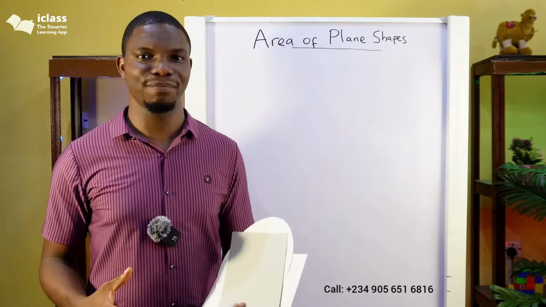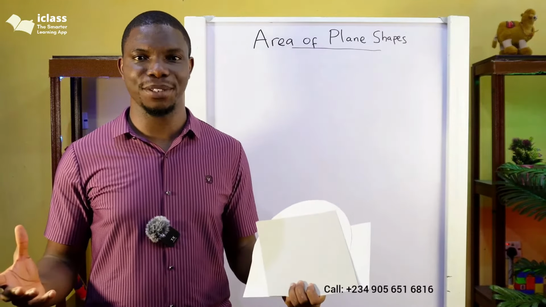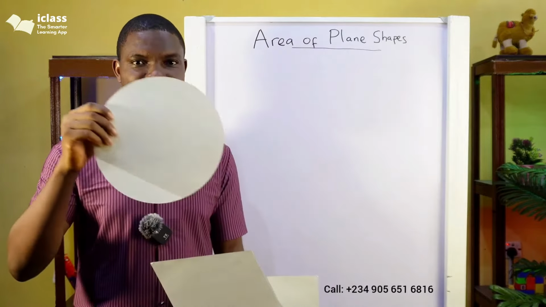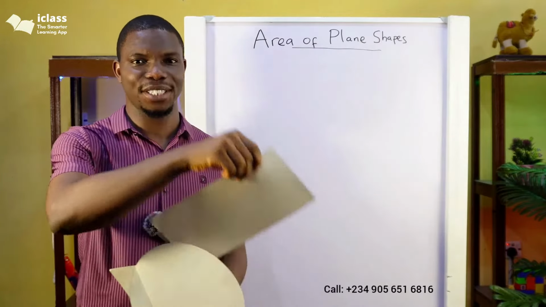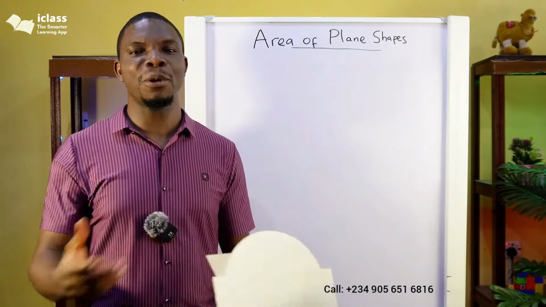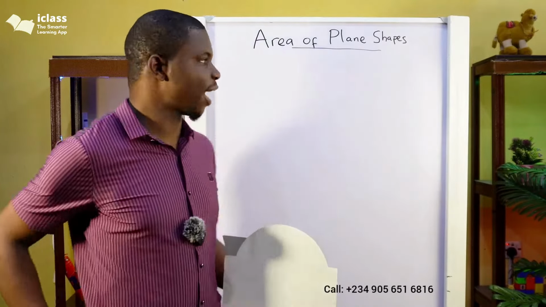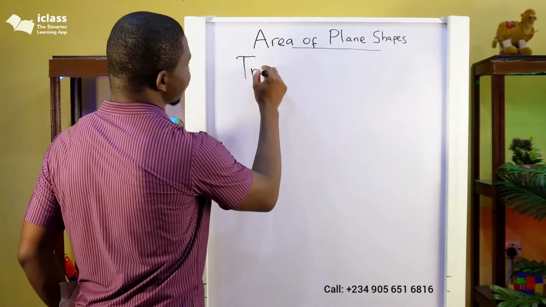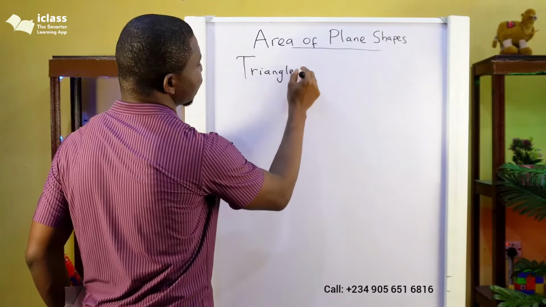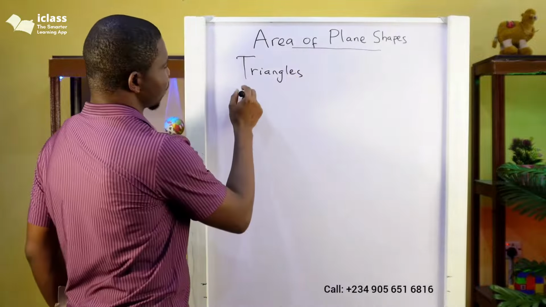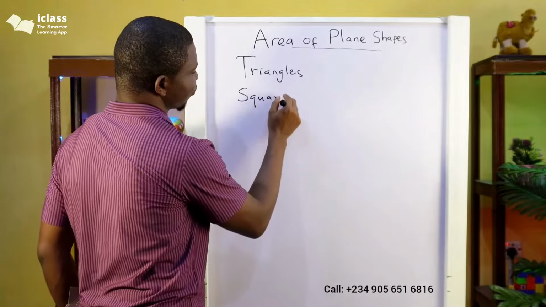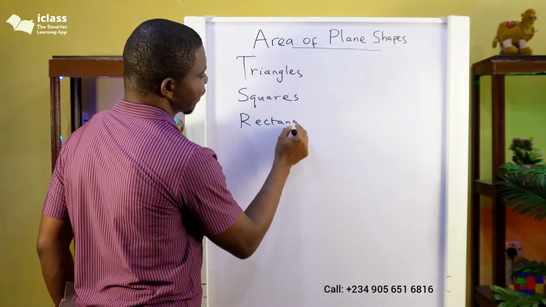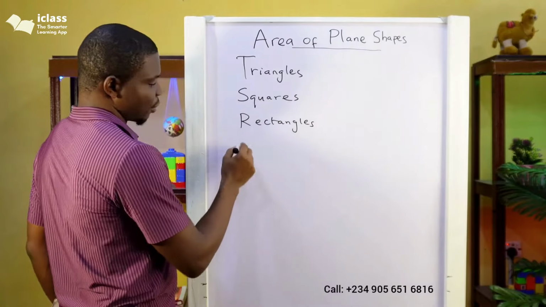What are plane shapes? Plane shapes are flat shapes like this, or this. Some common examples of plane shapes are triangles, squares, rectangles, circle.